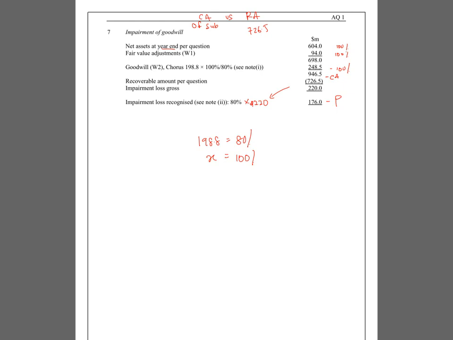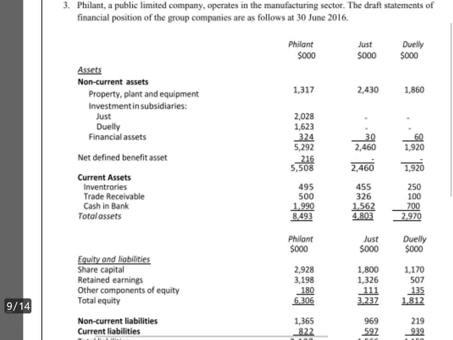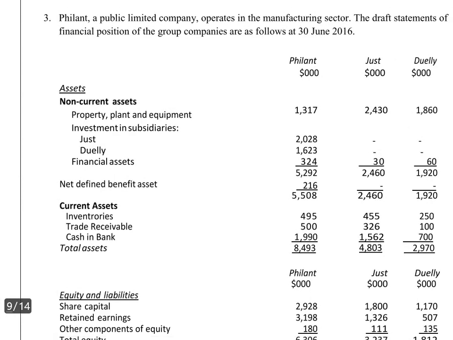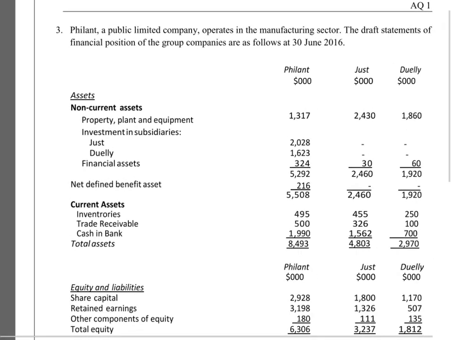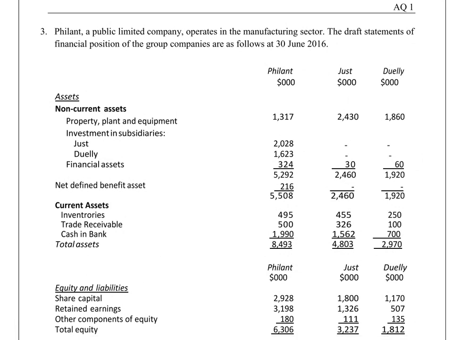Okay. Question 3. Your homework. So for those who haven't done, you still owe me from last week 2 questions. This week 3 questions. Then question 1, question 2, question 3.